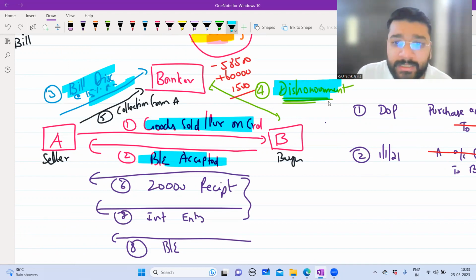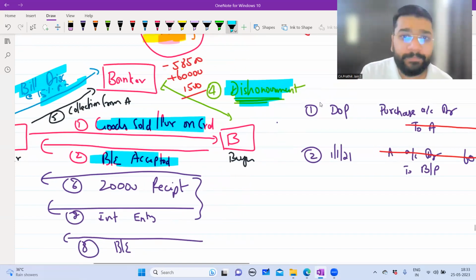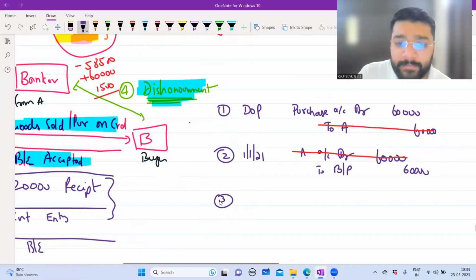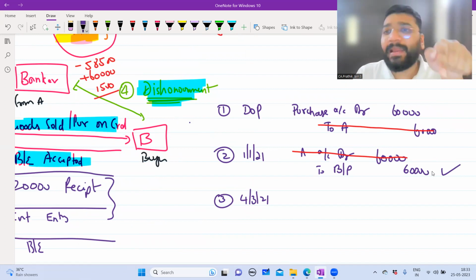Now, the fourth transaction is the dishonorment entry, which means on the due date, this fellow is not paying the money. So what will be the entry recorded by B? The bill payable becomes invalid, so I need to cancel the invalid liability.